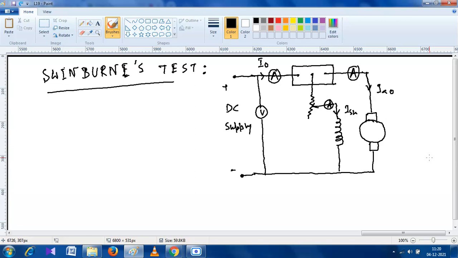These two problems we can easily resolve with the help of Swinburne test, because the machine is running on no load, so consumption of energy is less, and there is no load requirement for this test. So this method is basically economical and requires less space.